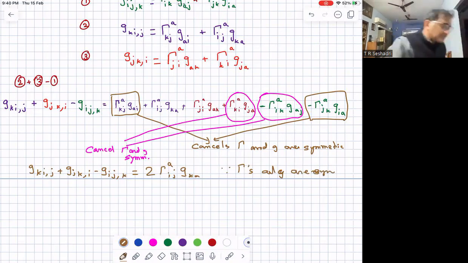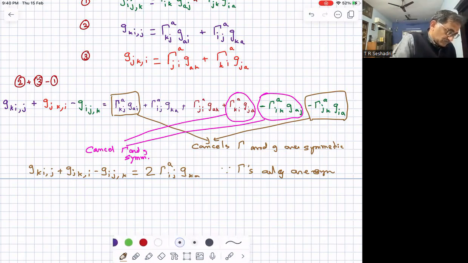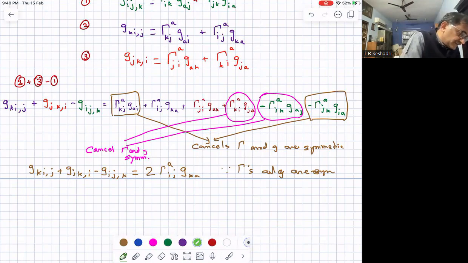Because these two have the same plus sign. Okay, so this one I will put it as, what color shall I use? I will use this light green color.